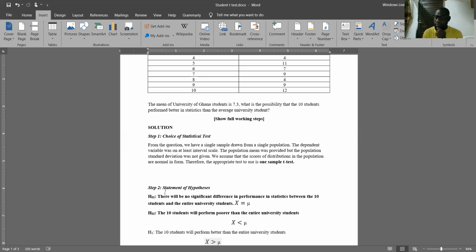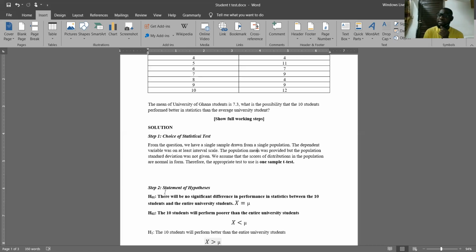One prediction that could render it false is that the sample, the 10 students, will perform poorer. Or between the two, the sample and the population, nobody will perform better or poorer. So they will be what? They'll be the same. So these are the hypotheses you state for your H0.